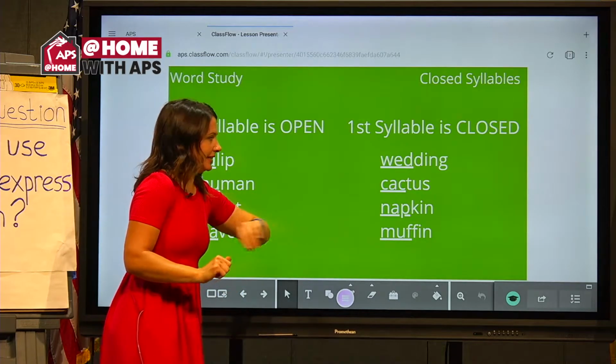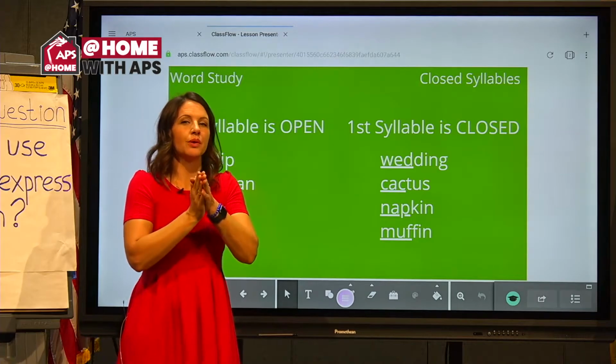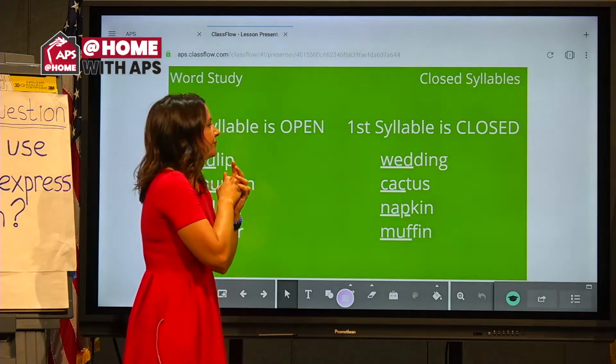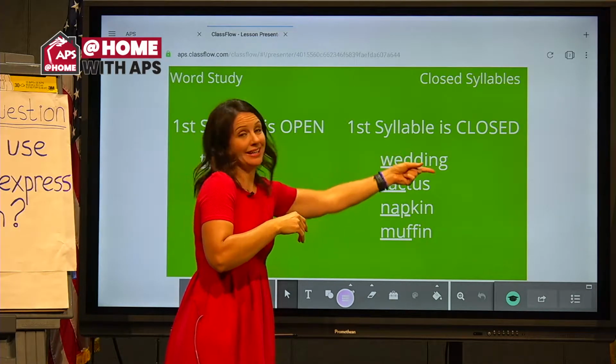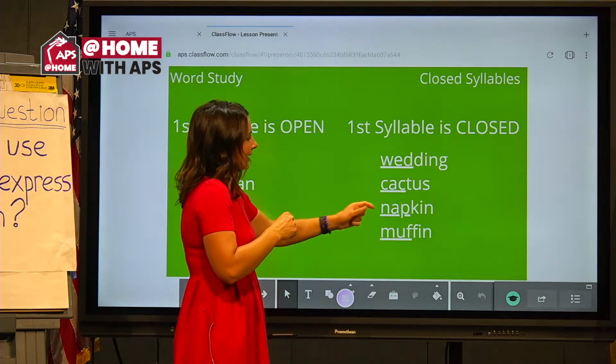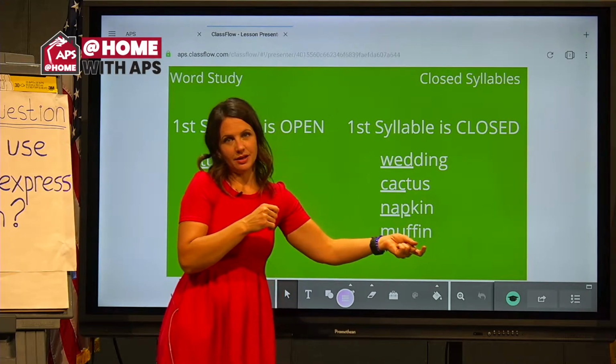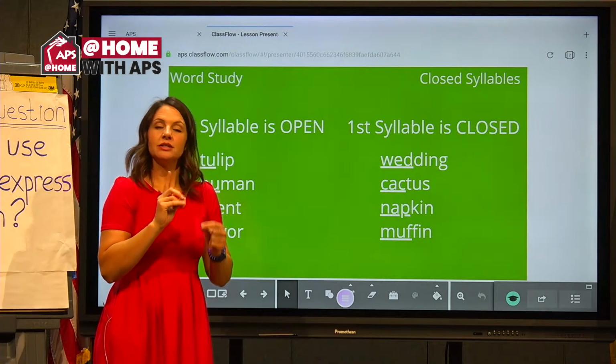In this list, the first syllable is closed. This is what we studied on Tuesday. Wedding, cactus, napkin, muffin. The first syllable has a short vowel.